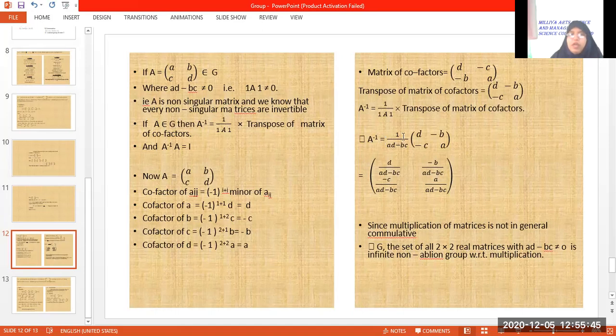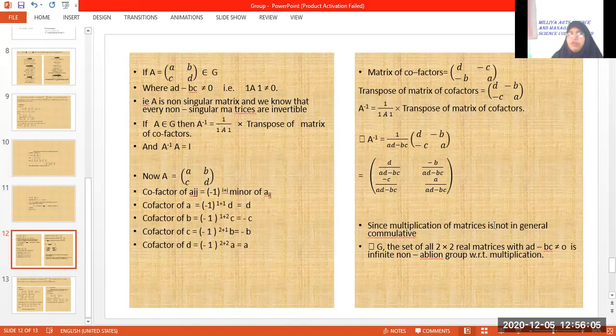Therefore, inverse of A is equal to 1 upon AD minus BC, this is determinant of A, into the transpose of matrix of cofactors. That is D upon AD minus BC, minus B upon AD minus BC, by multiplying this element, minus C upon AD minus BC, and A upon AD minus BC.